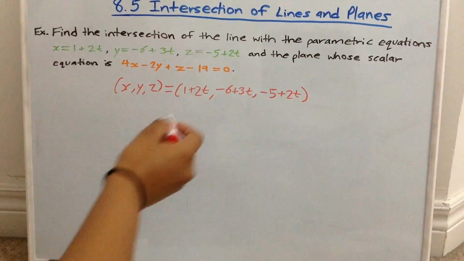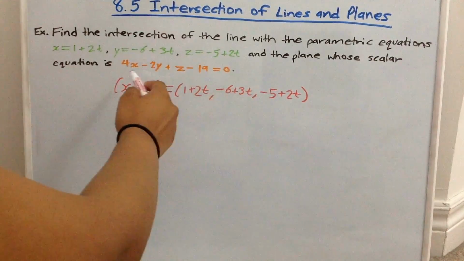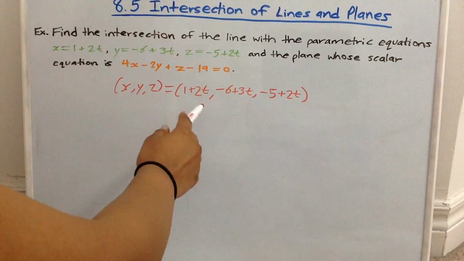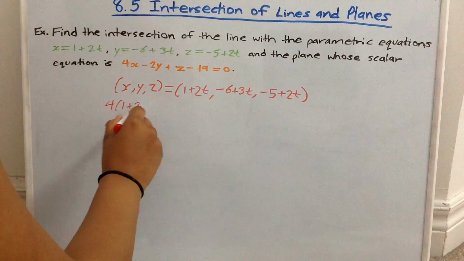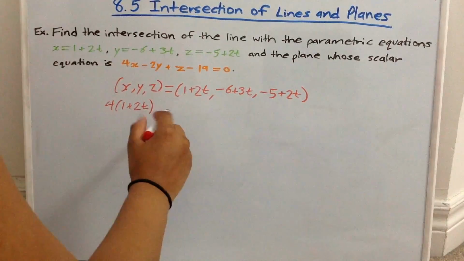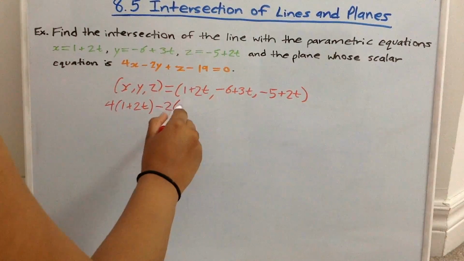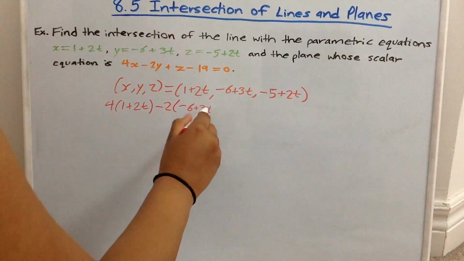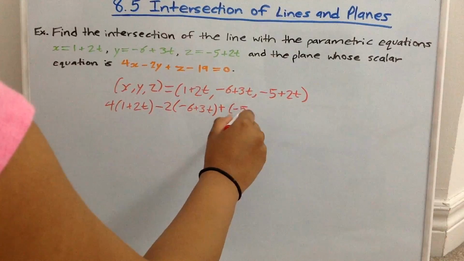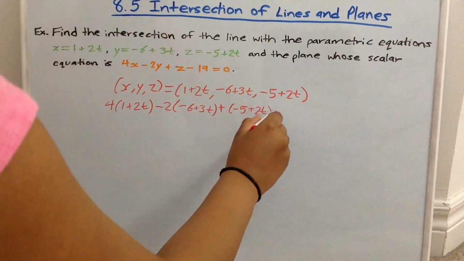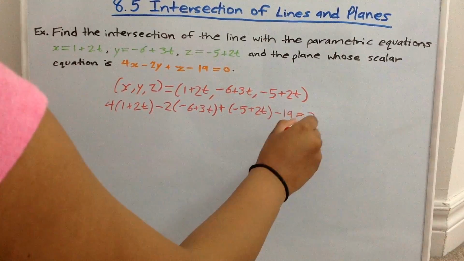So now we can substitute the x, y, and z components into the given equation in order to find the value of t. So we will get 4 times 1 plus 2t, your x value, minus 2 times negative 6 plus 3t, your y value, plus negative 5 plus 2t minus 19 equals 0.